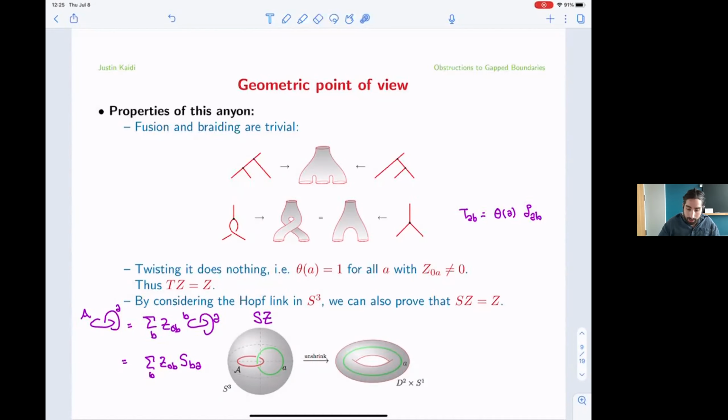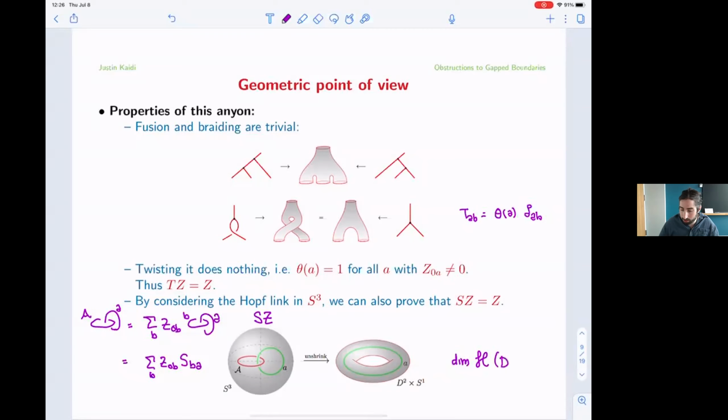On the other hand, I can go ahead and take fancy A and replace it with the empty tube. And if I do so, then this configuration topologically is just a solid torus with the gapped boundary conditions on the boundary. And then the a anyon runs around the longitude. If I compute the partition function of this thing, that computes for me the dimension of the Hilbert space on D2.